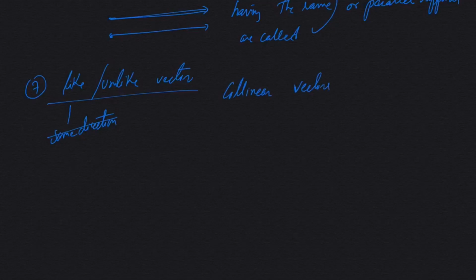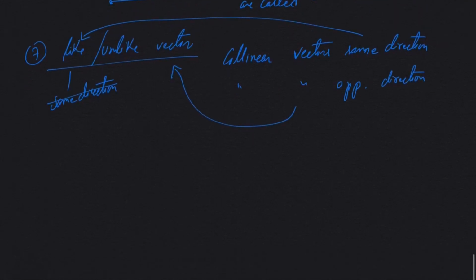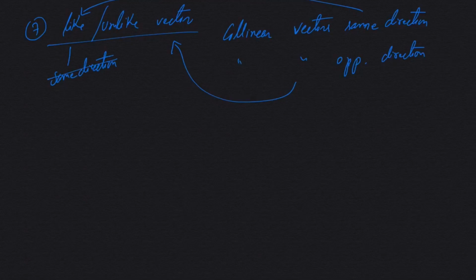Collinear vectors with the same direction are called like vectors, and collinear vectors with opposite direction are called unlike vectors.